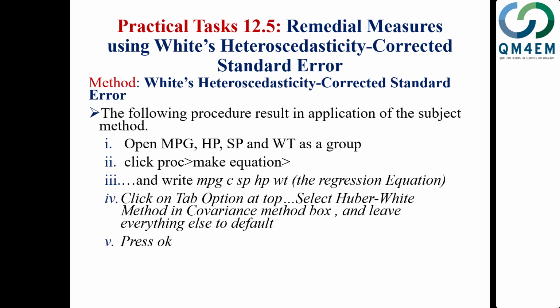That will give you the White Heteroscedastic Corrected Standard Error OLS estimators. But again, I would request you first try yourself and then compare the output with what the video has. So let me show you how we can do that in Eviews.